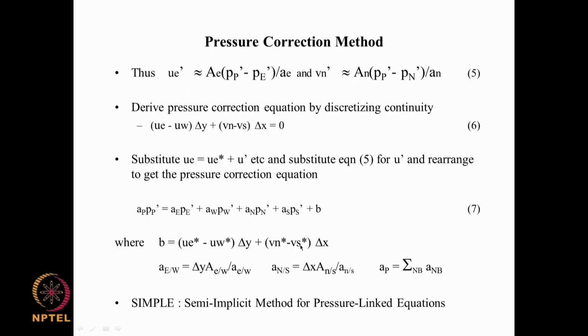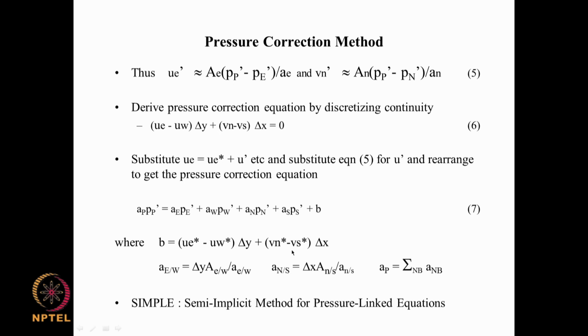the pressure correction equation, we are making use of the new values of u star and v star like this, but these new values are obtained based on the assumed pressure field. So, even these are not fully correct.